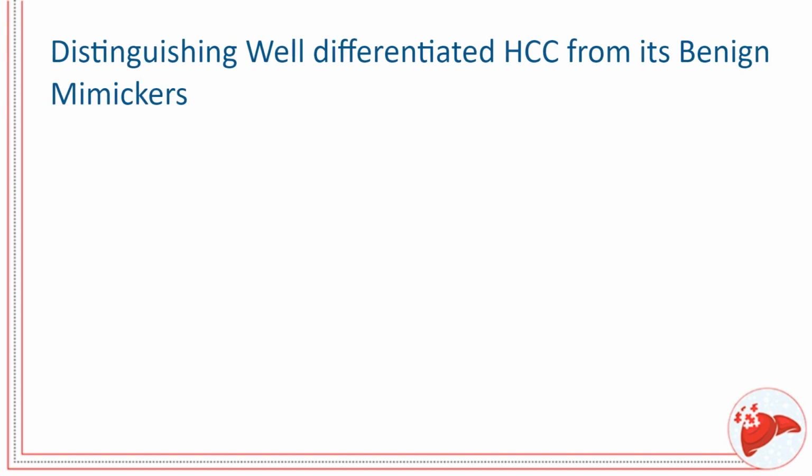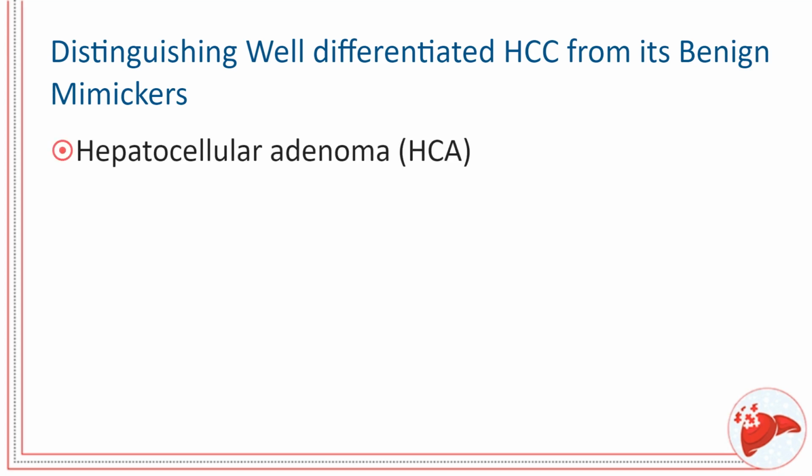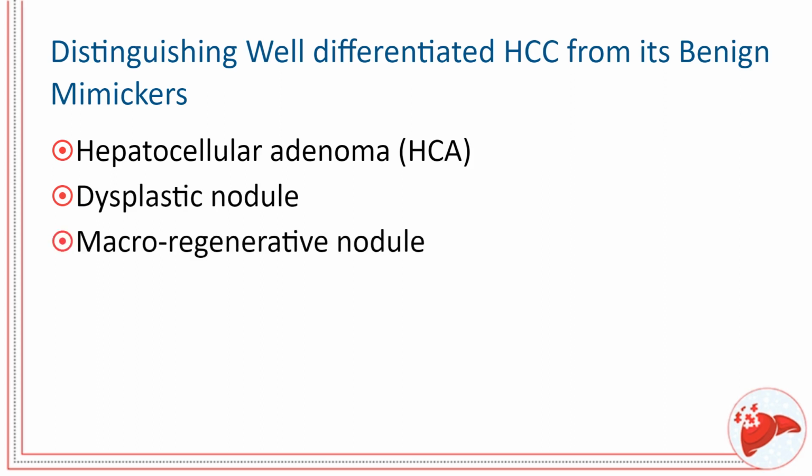The differential diagnosis for the well-differentiated lesion in the liver basically includes well-differentiated hepatocellular carcinoma, hepatocellular adenoma, dysplastic nodule, microregenerative nodule, and focal nodular hyperplasia.